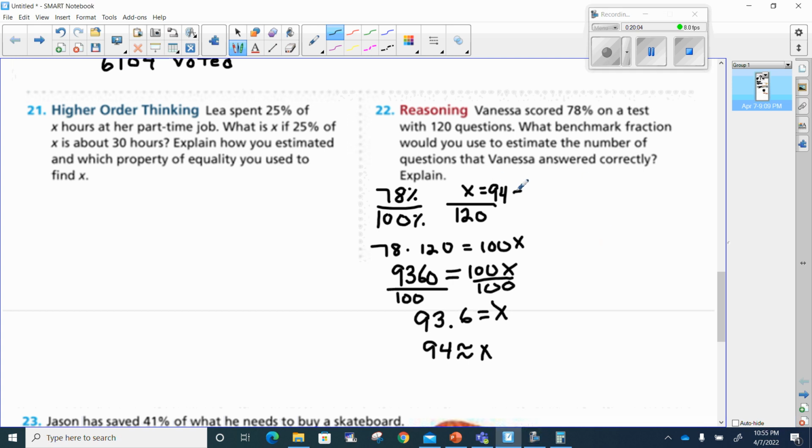Both of these are divisible by 2. 94 divided by 2 would be, oh Lord, I want to say 45. Let's see, no, 47. And 120 divided by 2 would be 60. So it would be about 47 over 60.